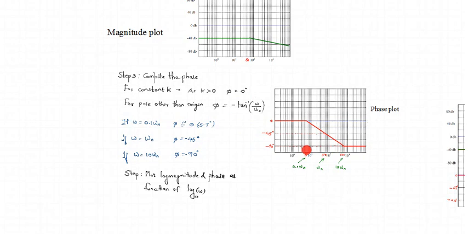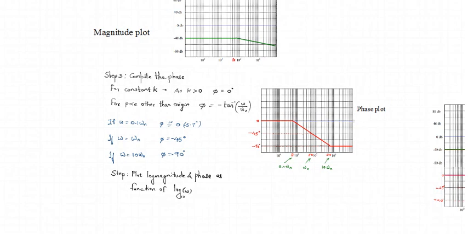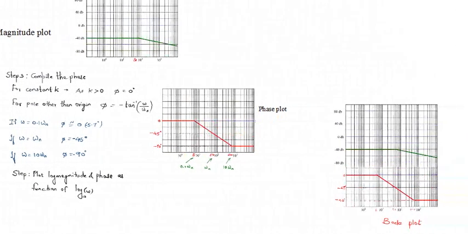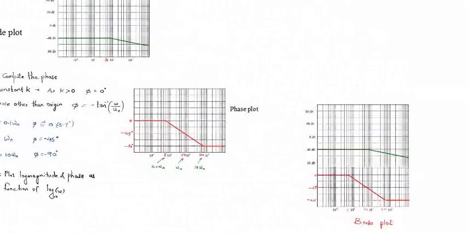So we obtain the magnitude plot, we obtain the phase plot. What we now need to do, friends, is combine this magnitude and phase plot in a single graph. And here you see is the overall Bode plot. When the magnitude and phase are plotted together on a common scale of frequency, this is called the Bode plot.